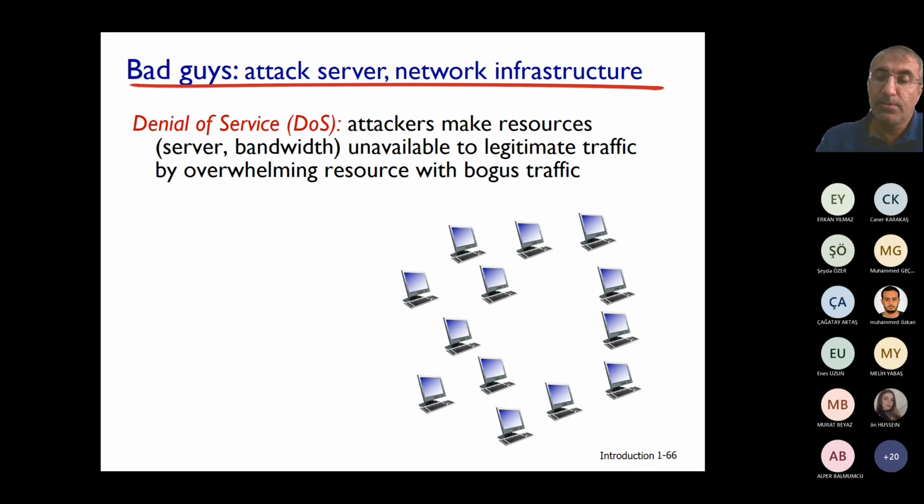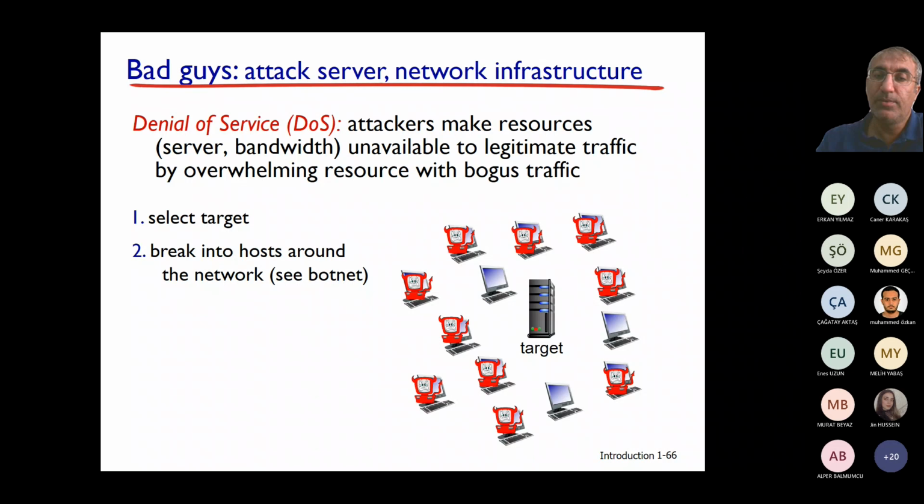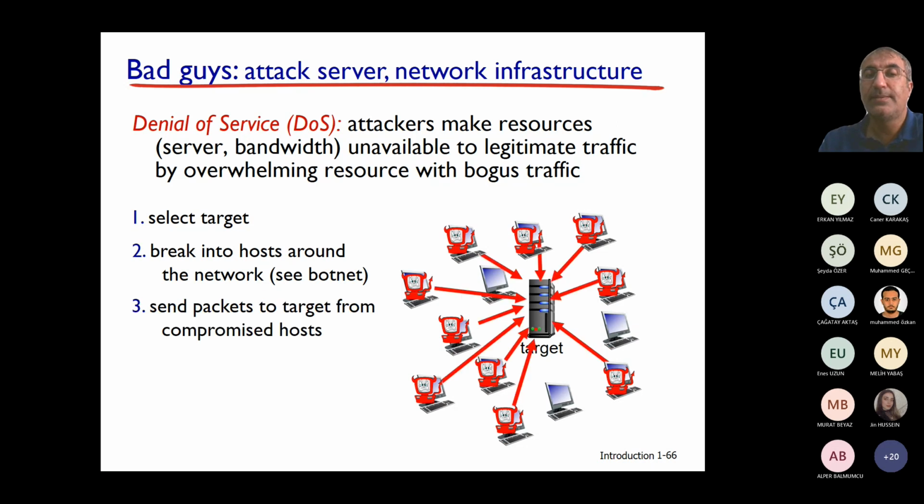How do these attacks happen? First of all, the bad guys select a target. Let's say this is our target that we're going to attack. They break into hosts around the network and send packets to the target from these compromised hosts.